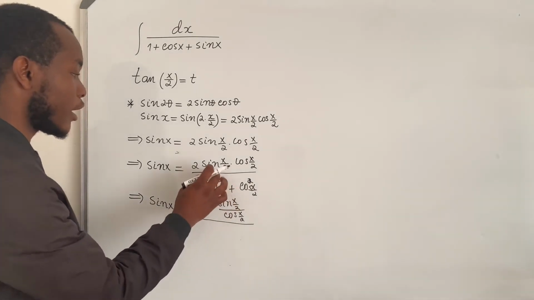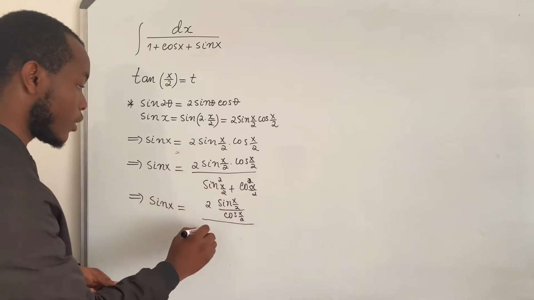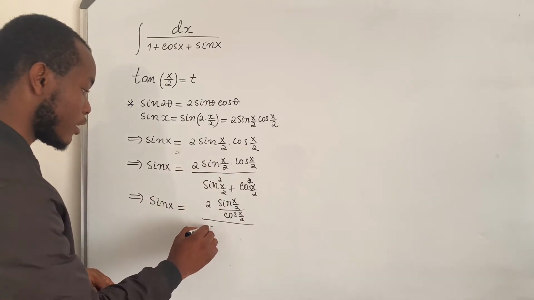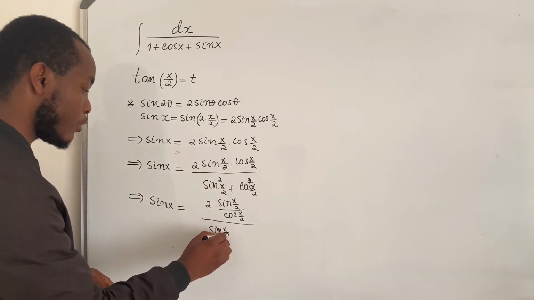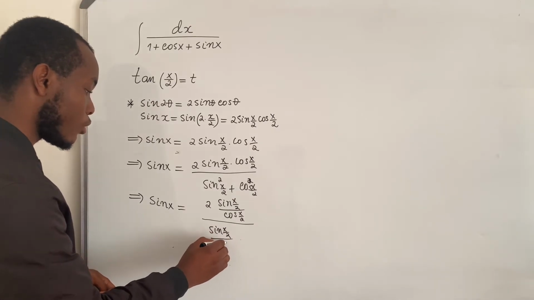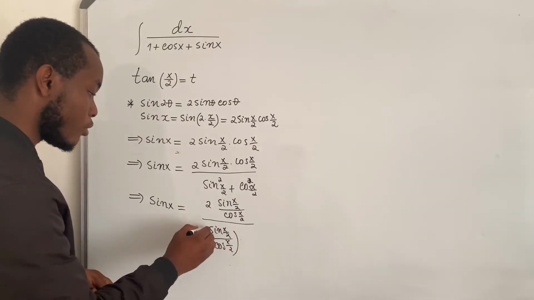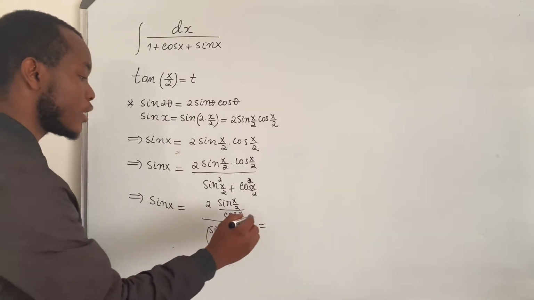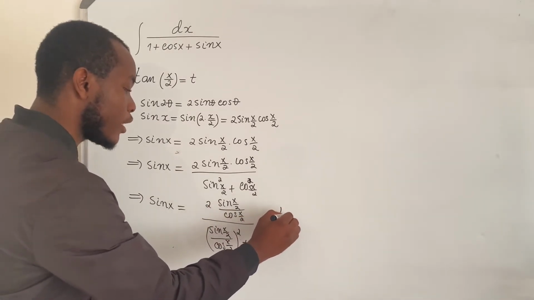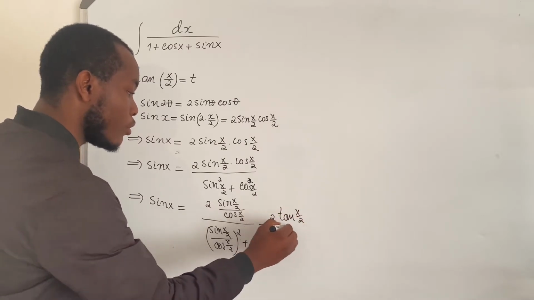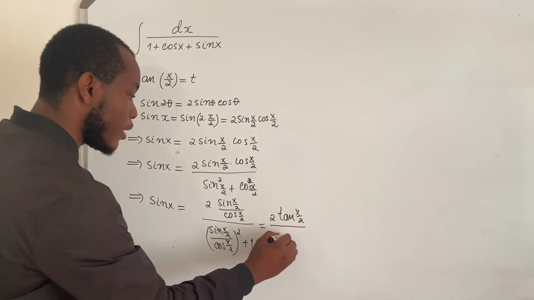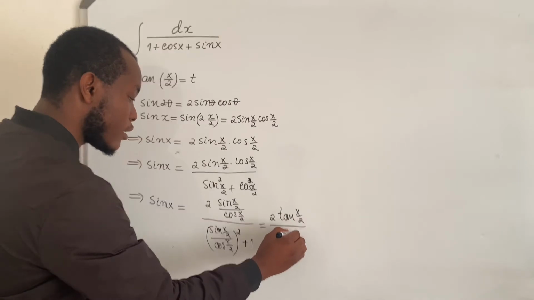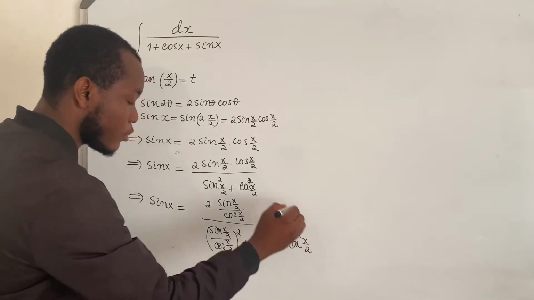If we divide by cos squared, then we're going to get sine x over 2 over cos x over 2, all squared, plus 1. Sine over cos is tan, so we have 2 tan x over 2 over 1 plus tan squared of x over 2.